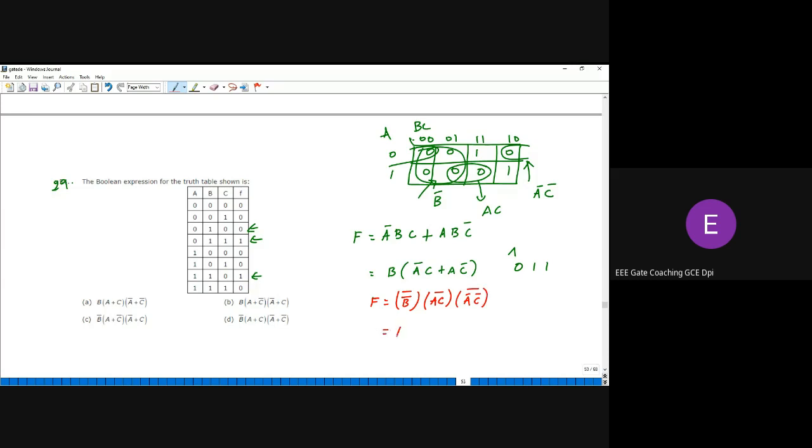So this I can write as B into A bar plus C bar into A plus C. This is the answer. Option A.